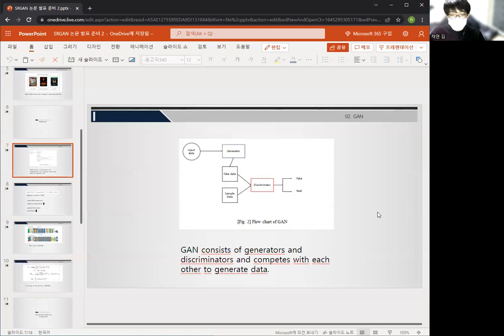Therefore, the generator must create high-quality images that are difficult for the discriminator to distinguish from sample data. The purpose of GAN is to continuously improve performance while confronting each other.